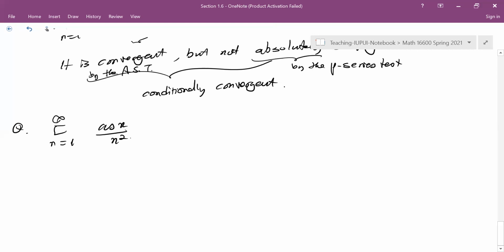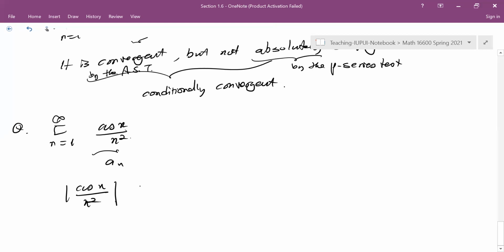Okay, now let's go back to this problem. The only way we can solve this problem is to prove it's absolutely convergent. Of course, it is then convergent. So this is my a_n. I take the absolute value, and now every term is non-negative.